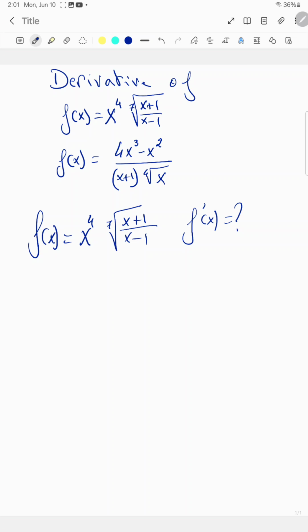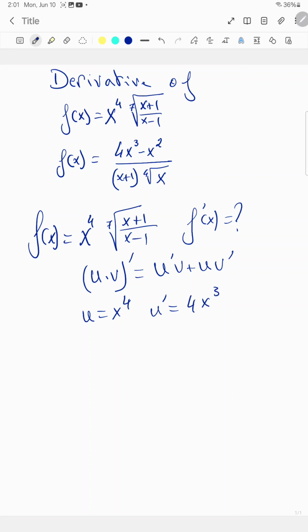If I look at that function here, it resembles u times v, and I know that the derivative of u times v is u prime v plus u v prime. In my case, my u is equal to x to the power of 4, so my u prime is equal to 4x to the power of 3, and my v is (x plus 1) divided by (x minus 1) to the power of 1 divided by 7, which is the 7th root of (x plus 1) divided by (x minus 1).